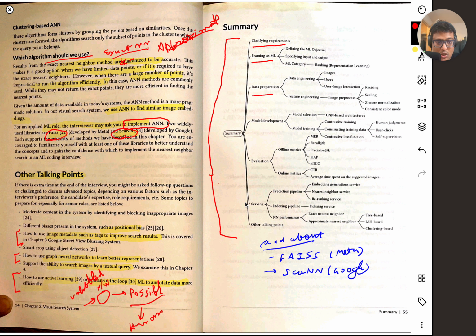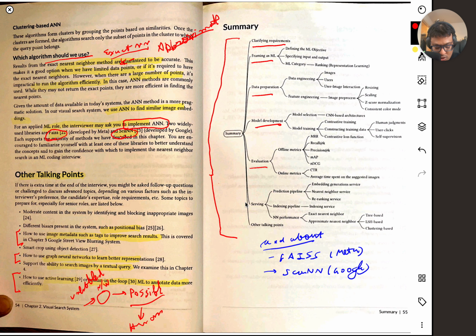In data preparation, we discussed that we have a large amount of data. We can either get data from a user, by a human in the loop, or by relying on fully supervised learning. In model development, we discussed that we can rely on a CNN or a transformer, and then we can train that using some sort of contrastive learning.